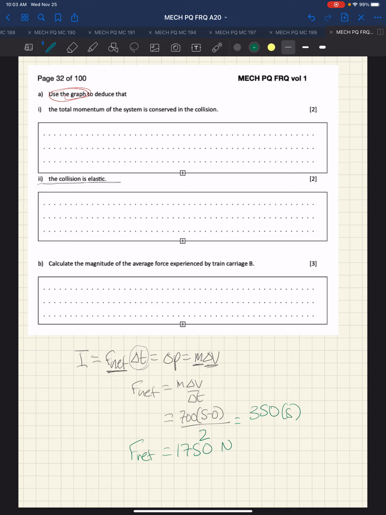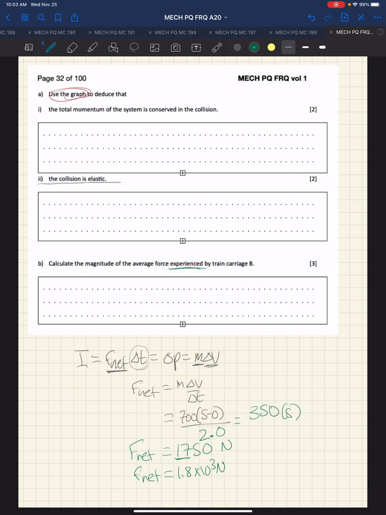Now the question is how many significant digits? We certainly don't have 4. The best we could say is 2.0, so we could report 2 significant digits from the time. So that's 1.8 times 10 to the 3rd newtons would be the net force, the average net force experienced by train carriage B.